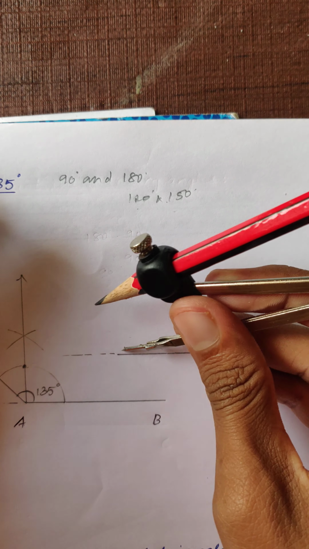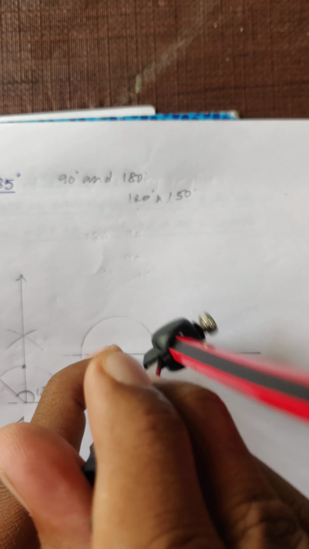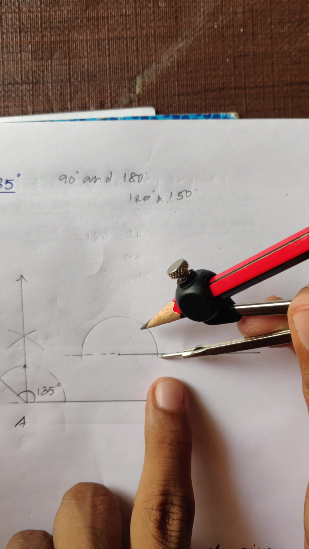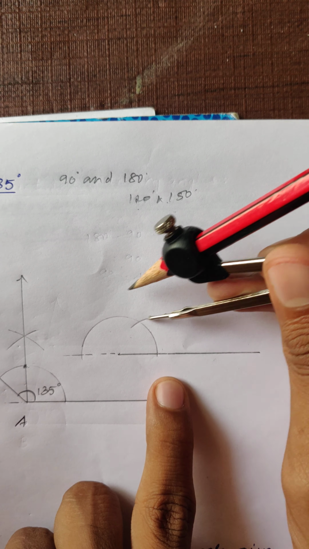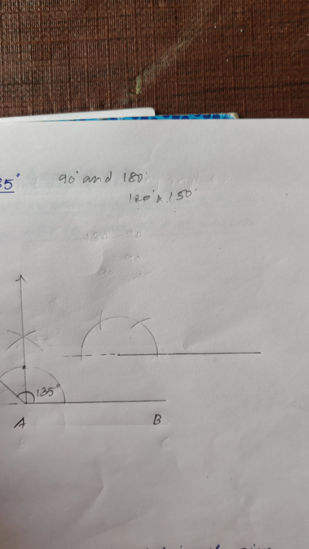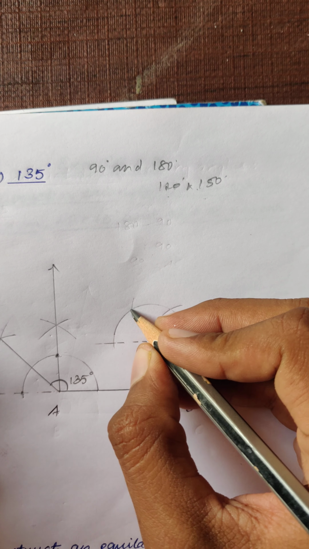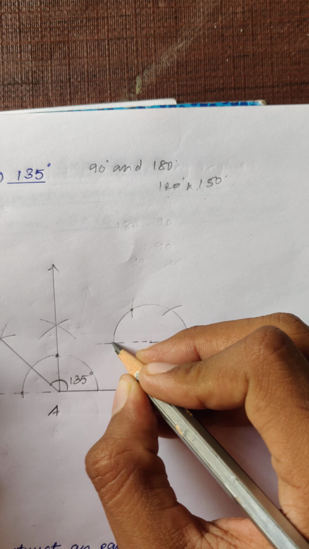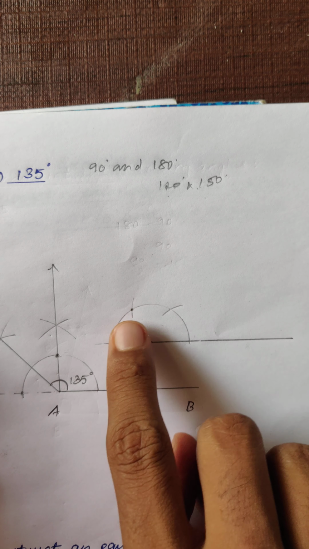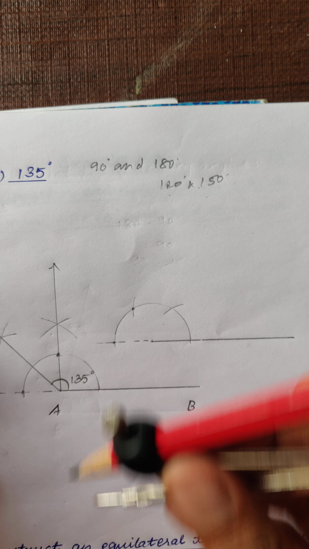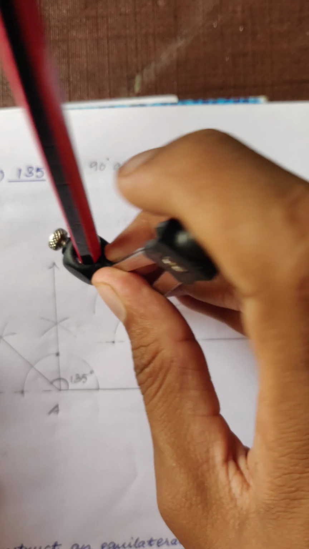So I am going to extend this a little and I am going to draw a semicircle, and then from here I am going to draw 60, and then from here I am going to draw 120. So now I know very well that this is 120 and this is 180. Let me first bisect 120 and 180.